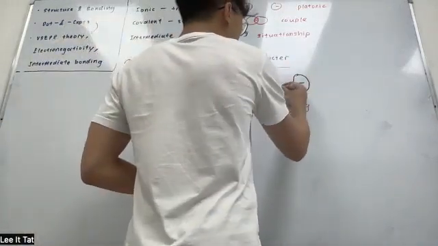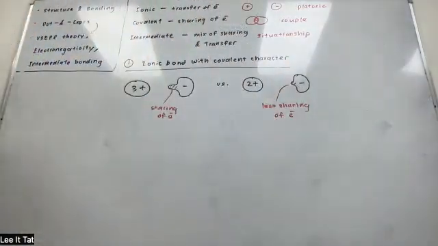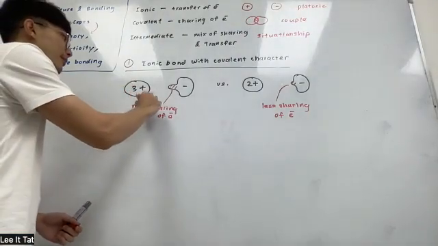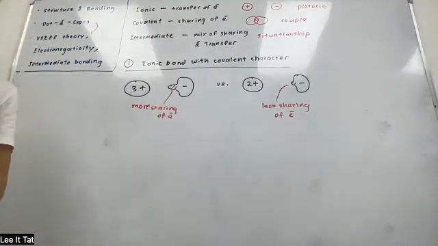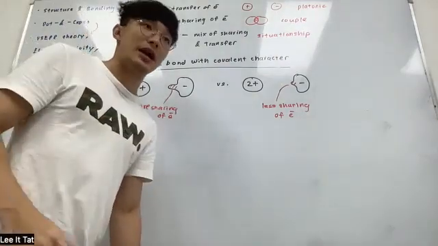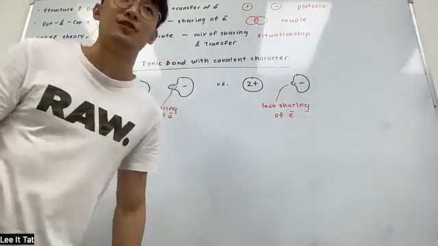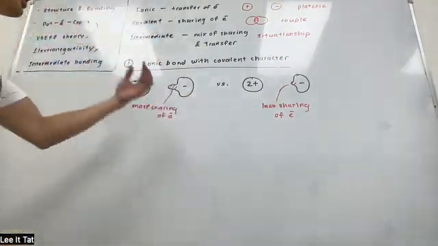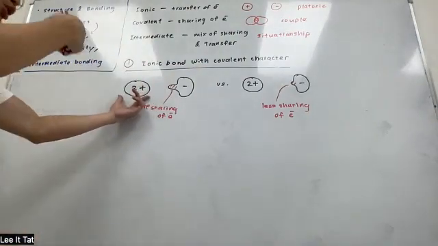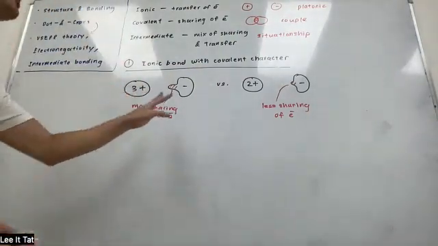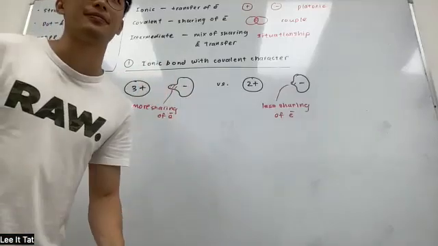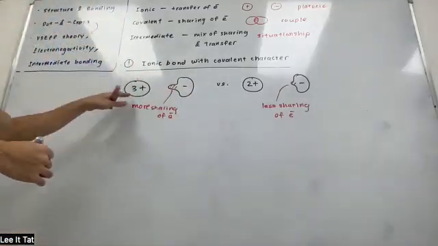As you can see, the region of sharing is not as much. Compared to this guy, there's a lot more sharing. Do you all see? The chances of you trying to flirt with this guy depend on how attractive he is. Same thing here. The attractiveness of the cation will affect how much it attracts the anion. So that's the idea here.